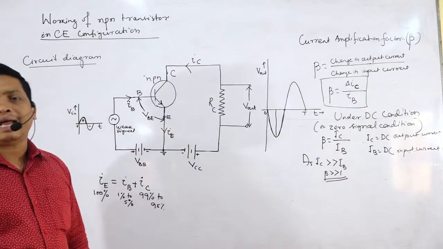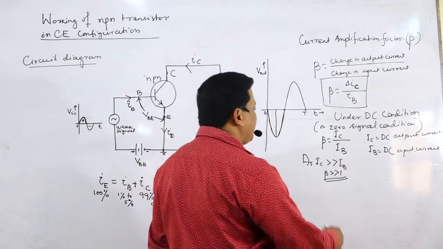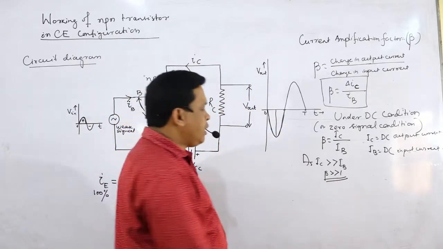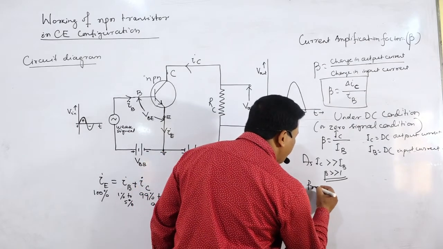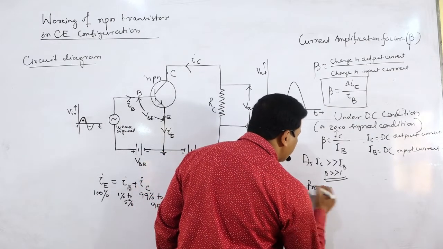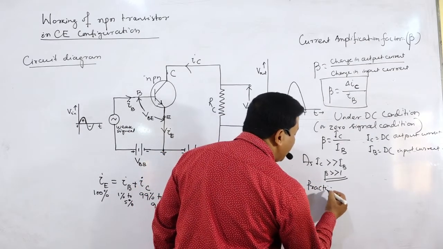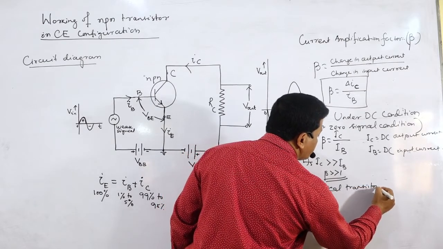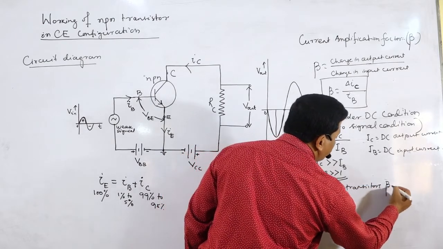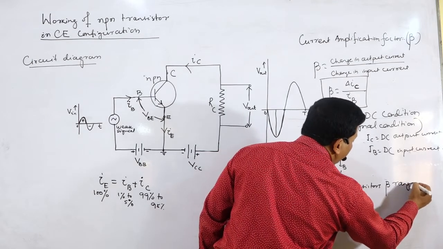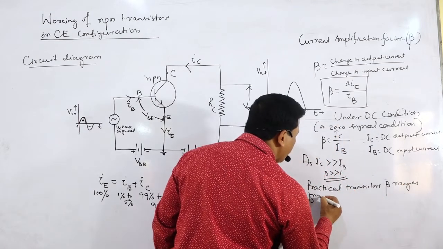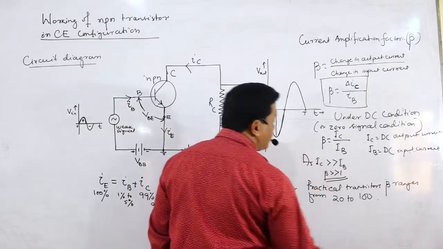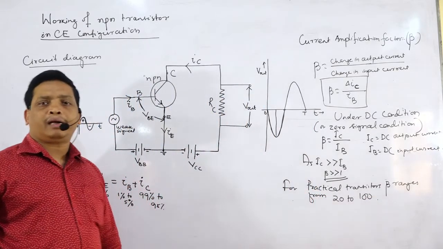For practical transistor amplifiers in common emitter configuration, the beta value ranges from 20 to 100.